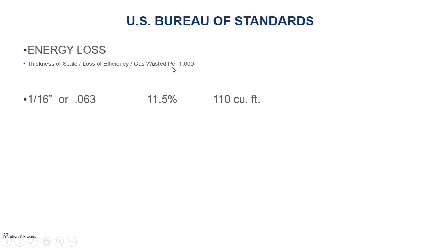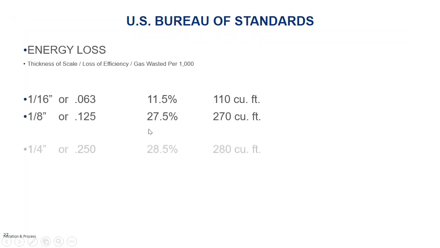And you burn 1,000 cubic feet and you waste 110 cubic feet of gas. Or to get the same energy transfer, you need 1,110 cubic feet, as you did when you bought that appliance new. This is cumulative. 1/8 of an inch, 27% efficiency loss.